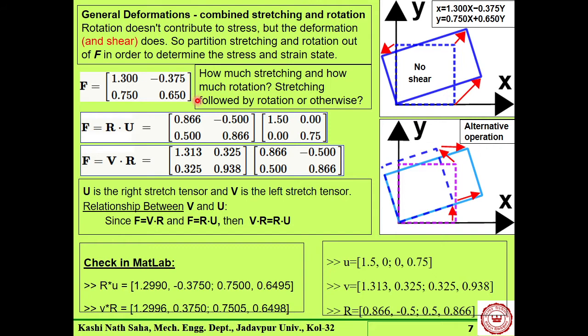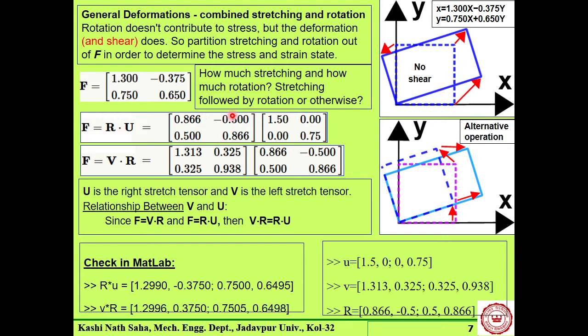Now you see this particular matrix F, this we can represent through a rotation matrix R. What is this R? Say this is our R matrix. So we can define this R like this. You can use your MatLab also to evaluate this thing, or by hand calculation also you can calculate.